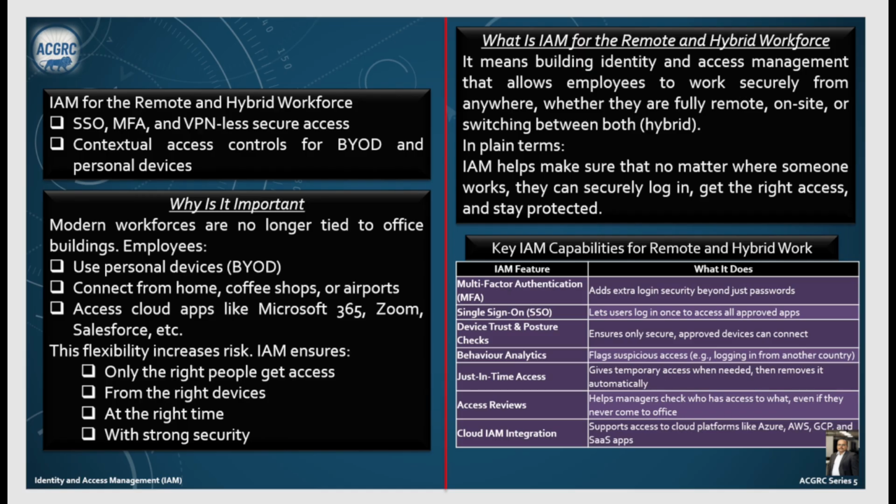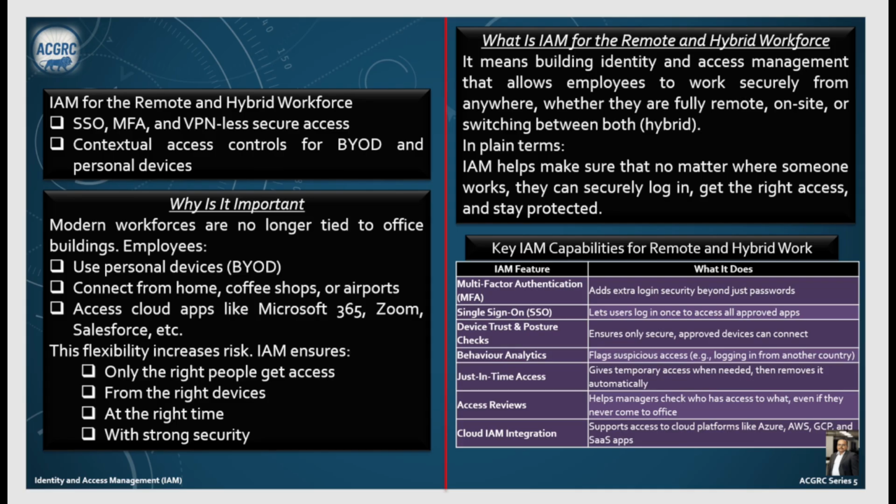A key IAM capability for remote and hybrid work. With MFA, it adds extra login security beyond just passwords. With SSO, it lets users log in once to access all the approved apps. With device trust and posture check, it ensures only secure, approved devices can connect.